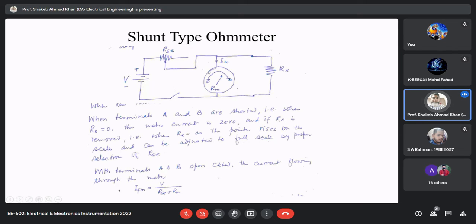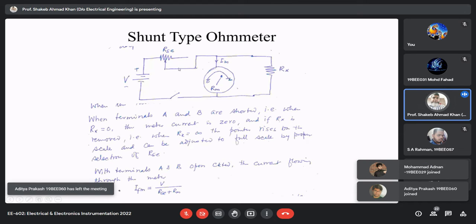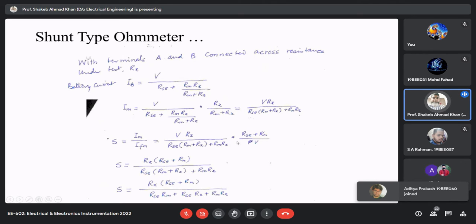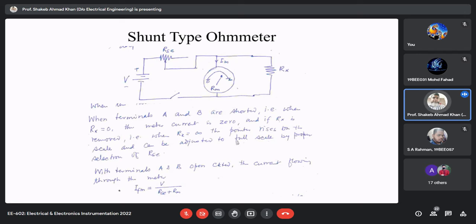So this is a series circuit, and we know the full scale current, the input current of the meter. With this equation, we can very easily design this circuit. We have to calculate the value of RSE, that is calculated, and design is done. So this is only like the series type ohm meter.